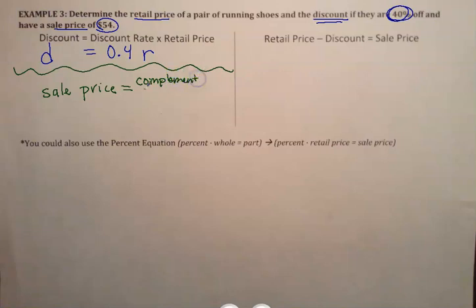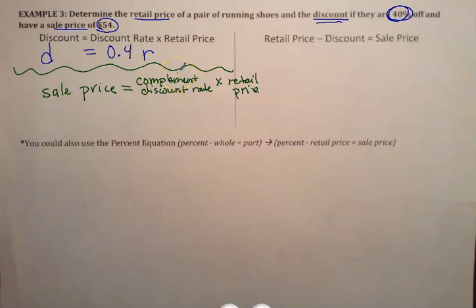So we'll call it the complement of the discount rate times the retail price. Right? So the price that we're going to pay, because when we do the discount, we find the discount rate from the retail price to get our discount, and then we subtract it. We can also think about the inverse of that, which is the sale price, how much we actually pay, and the complement of the discount.